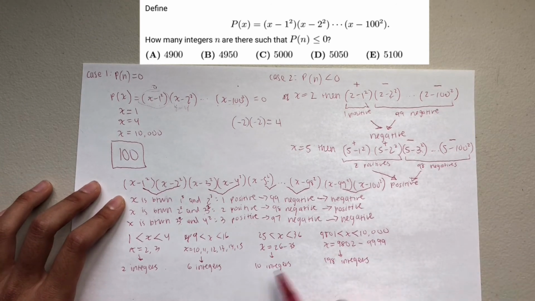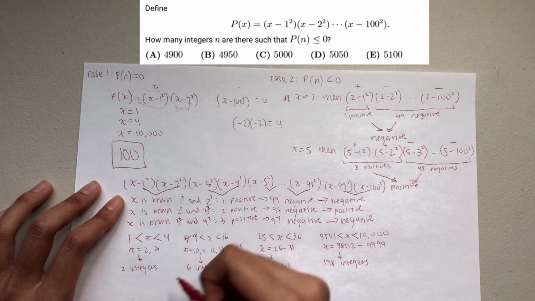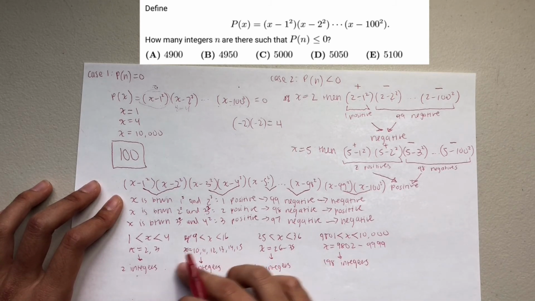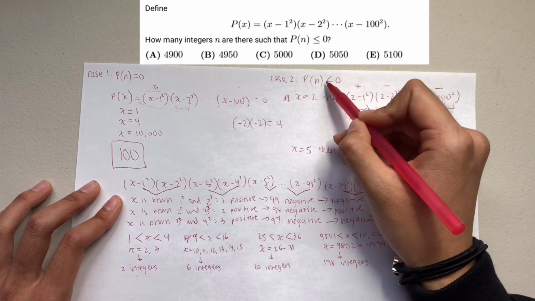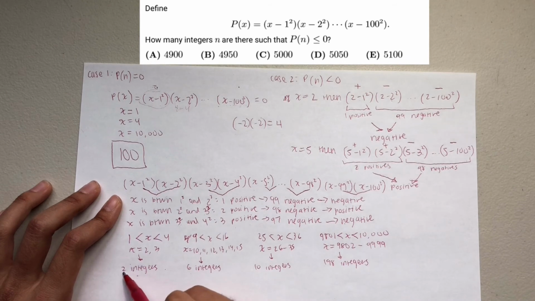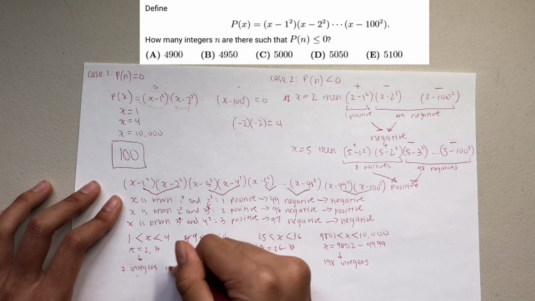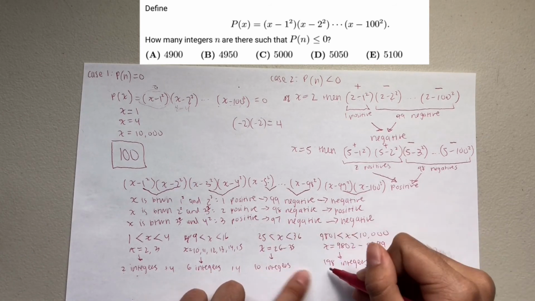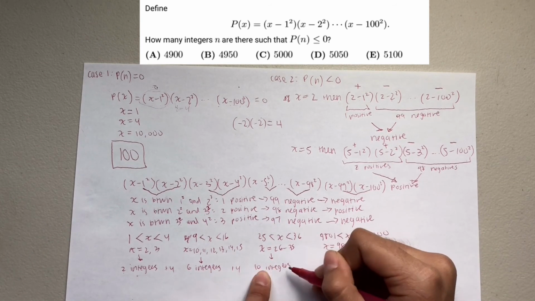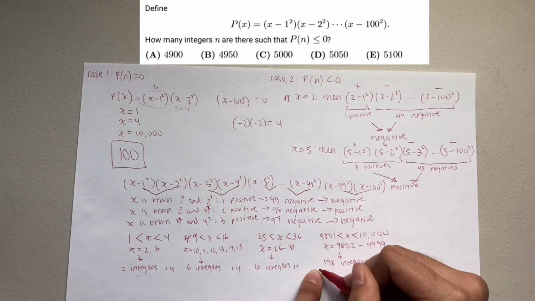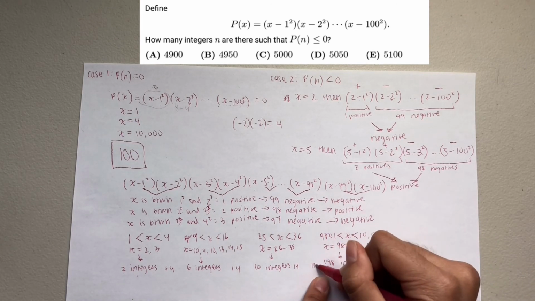So now we'll see a pattern emerging where there are 2 integers, 6 integers, 10 integers. If we add this all up, then we'll get how many integers there are for P(n) to be less than 0. And so we see a pattern that these are increasing by 4. So 2 plus 4 equals 6, 6 plus 4 equals 10, and so we assume that the next number of integers would be 14, and the one before the last would be 194.